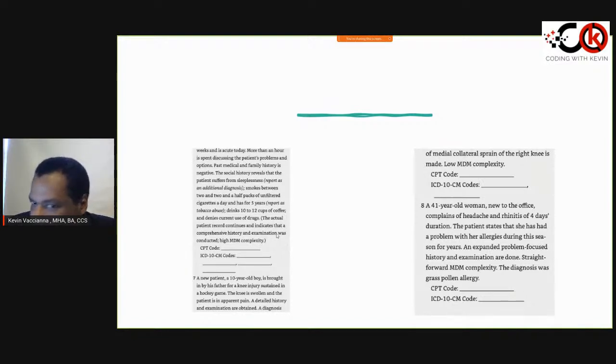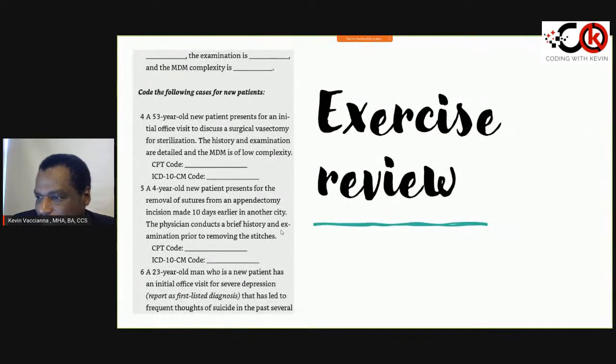Yes. Hi, this is Jennifer. Before you go on to number 7, can I ask you a question about the previous one we were working on? The one with the sutures. Okay, let's go back to it. Number 5. The reason I'm asking is that the scenario says the patient presents for removal of sutures, so they already had the sutures in.